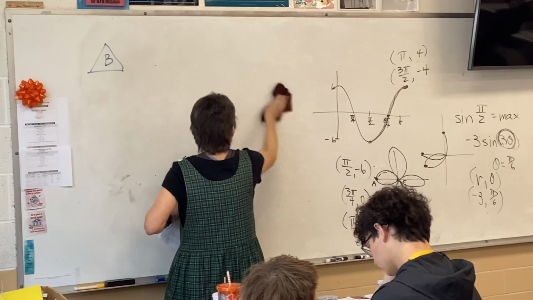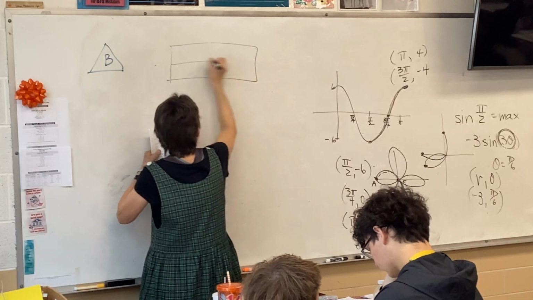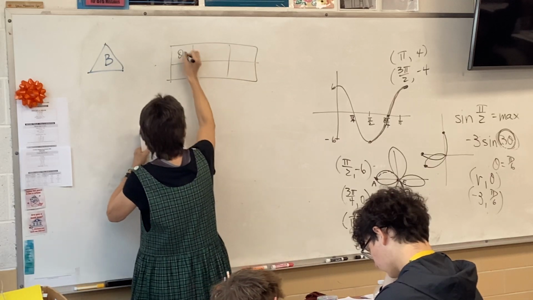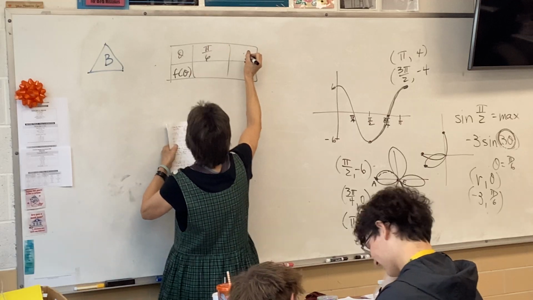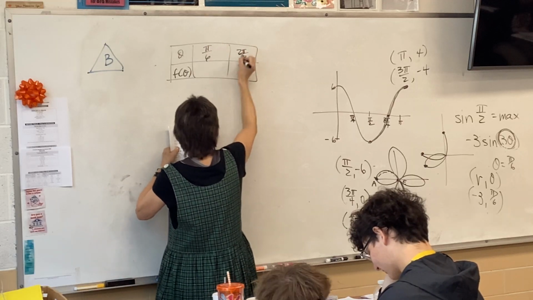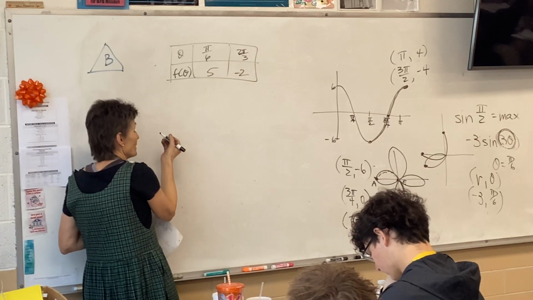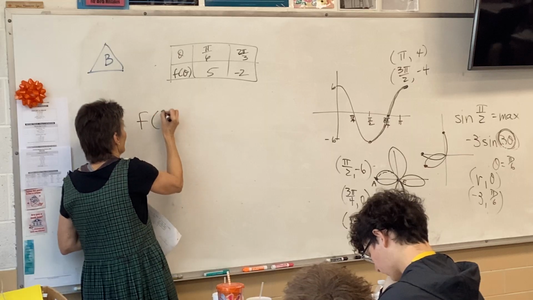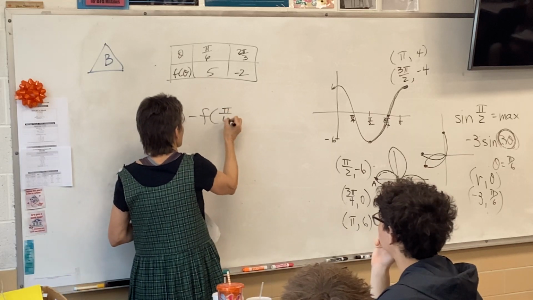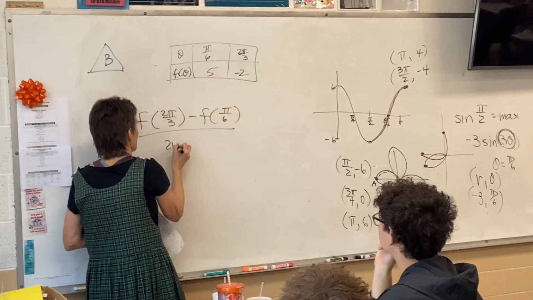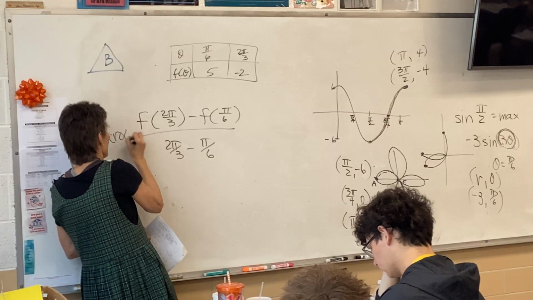All right, so let's get our formula up here, because that's what we always have when we do an average rate of change problem. The denominator is pi over 3 minus pi over 6. Is everybody okay with that?